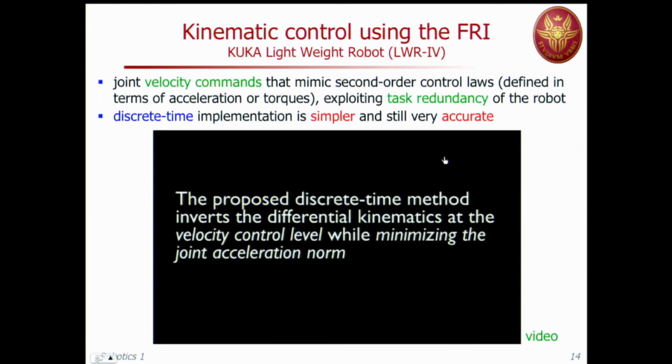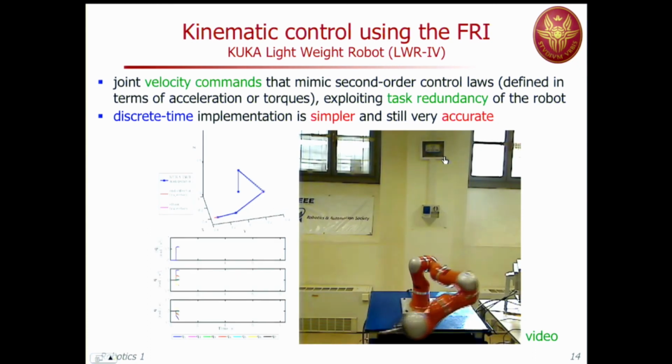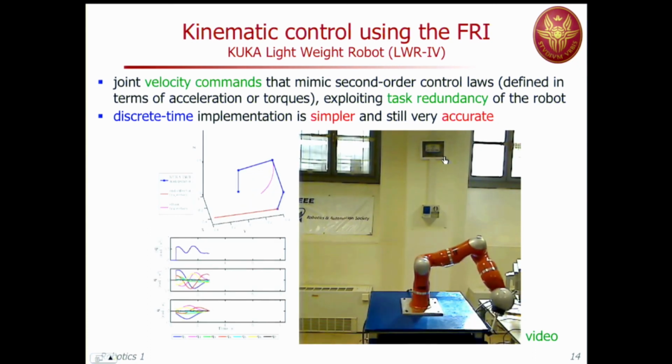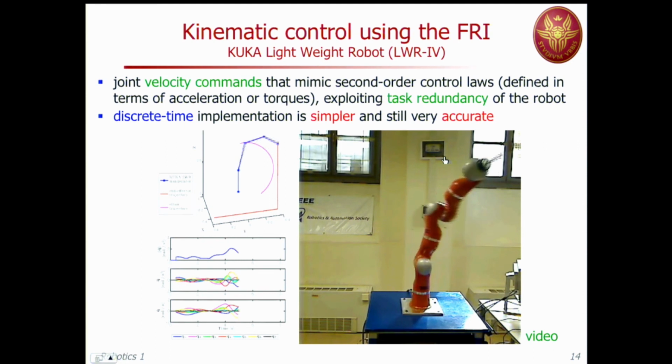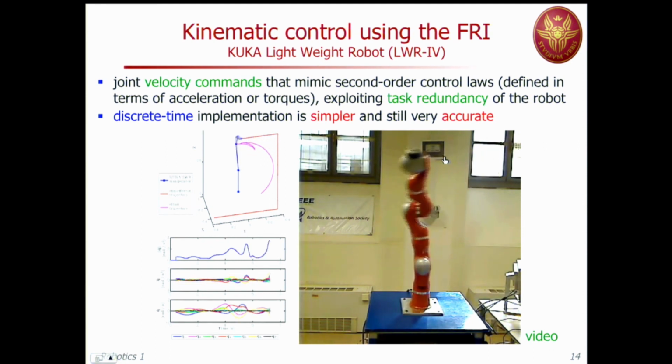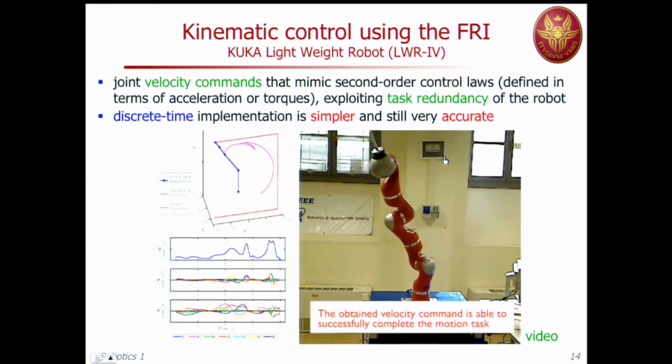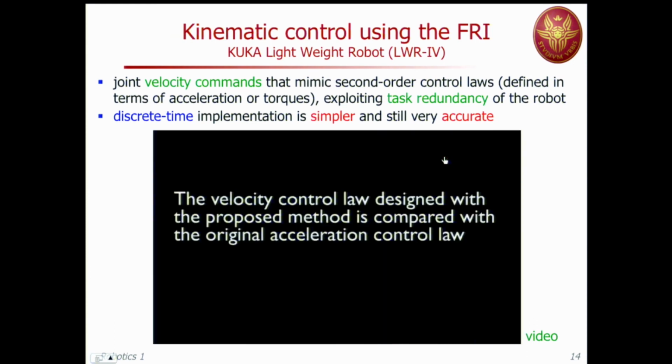But the acceleration control law is very complex. So the idea behind this video is, let's have this discrete time implementation at the velocity level that reproduces the same behavior of the acceleration level command, which is much simpler actually.